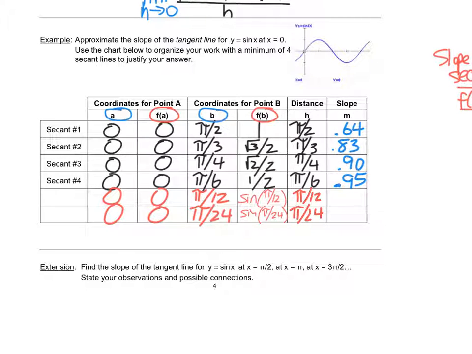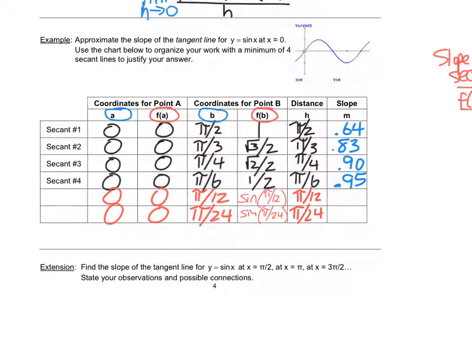So I'll just run another couple of calculations. Yeah, it's going to go to 1, but the earlier values weren't telling us that, and these will. So divide: sine of pi over 12 divided by pi over 12, and then do the same thing with 24.